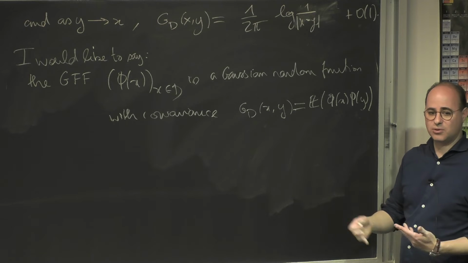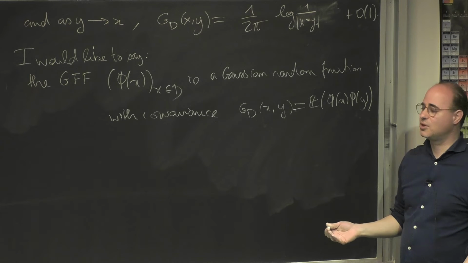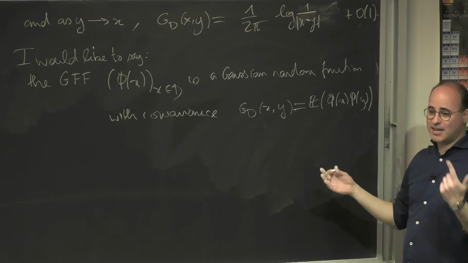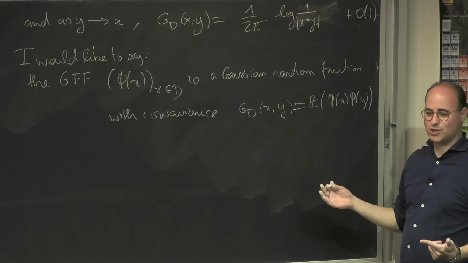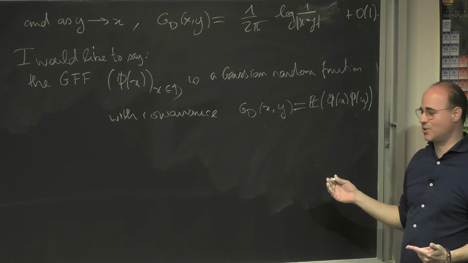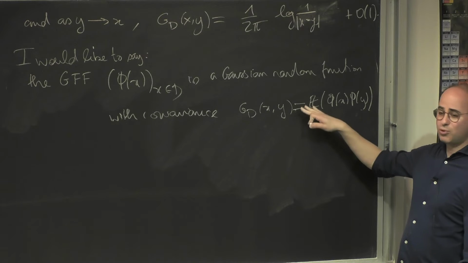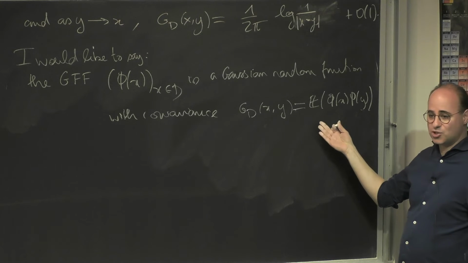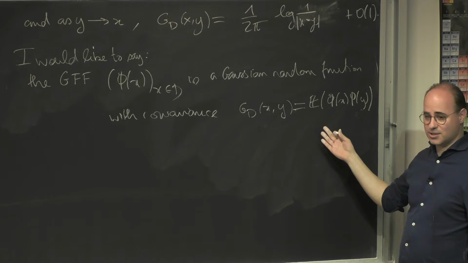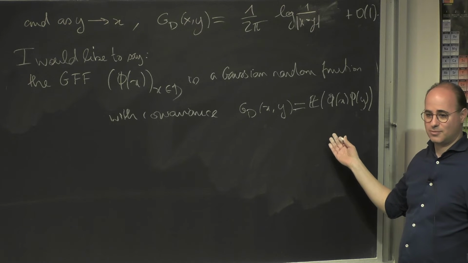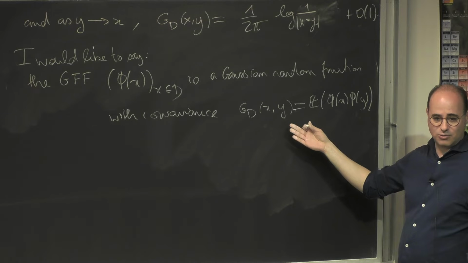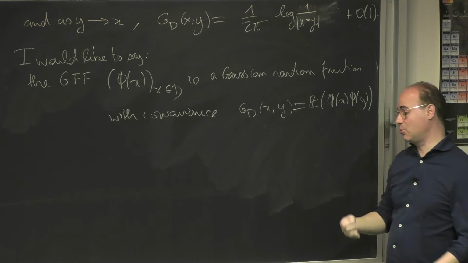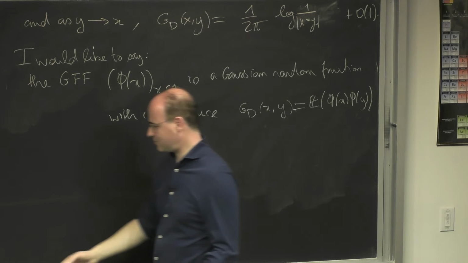You have to think of it in the sense of generalized function. And so this is the second of these annoying technical issues that one has to worry about when working with a continuum GFF. So I would like to say this, but I cannot, because that's just not a valid choice of covariance in the continuum, because it's infinite when x is equal to y. So I'm going to have to work a bit harder at that.